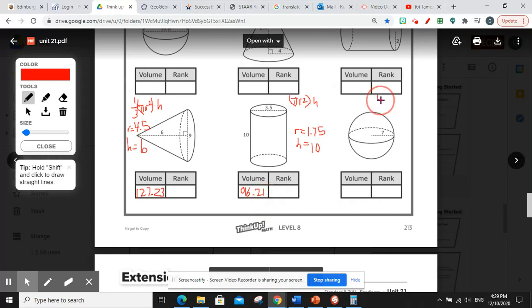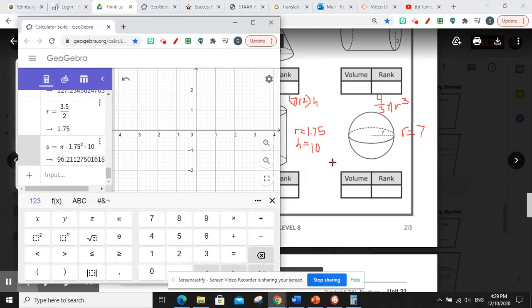Then we get to our last one. It's a sphere. Remember that for sphere, it's 4/3 pi r cubed. That's the one big difference that we tend to forget. We're only going to figure out the radius, which they're already giving it to us at 7. So then I go to my calculator, 4/3, arrow out, pi, parentheses, my radius is 7.